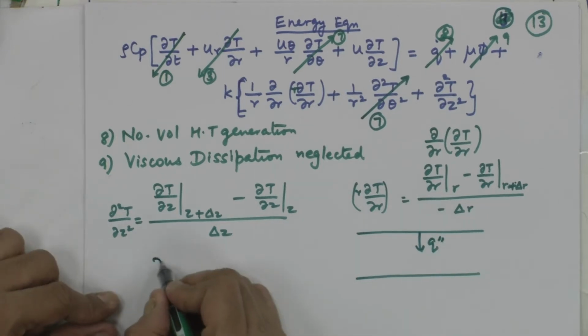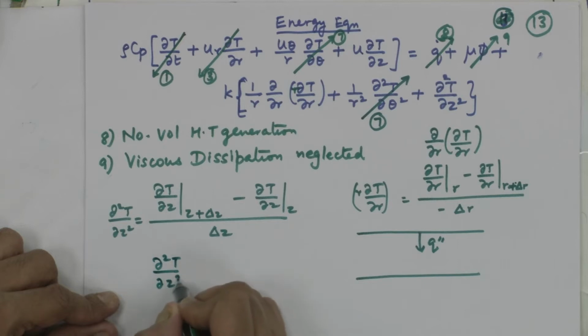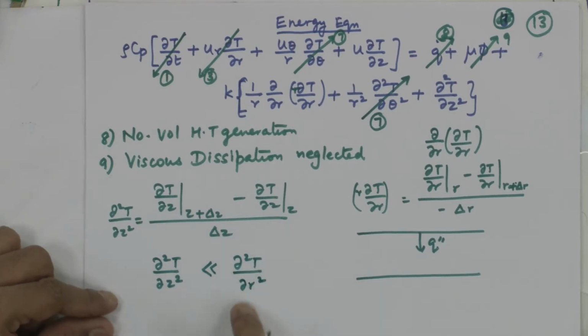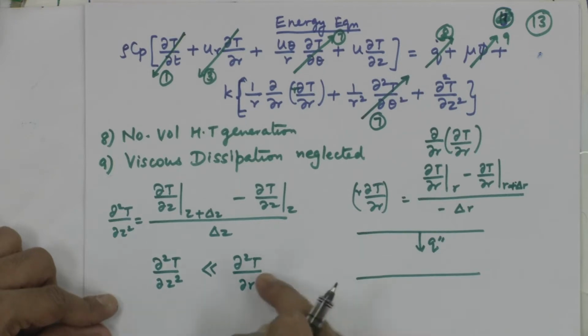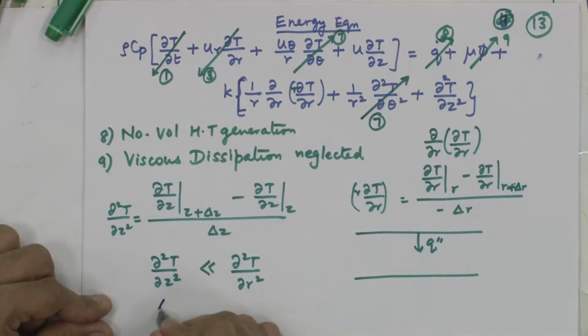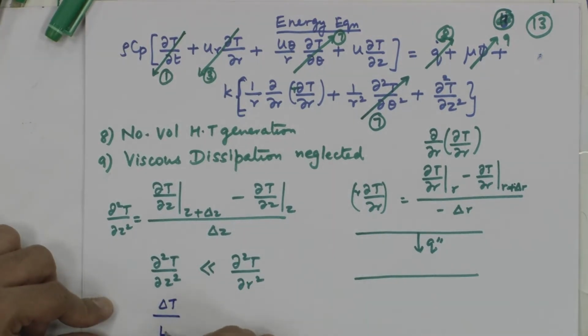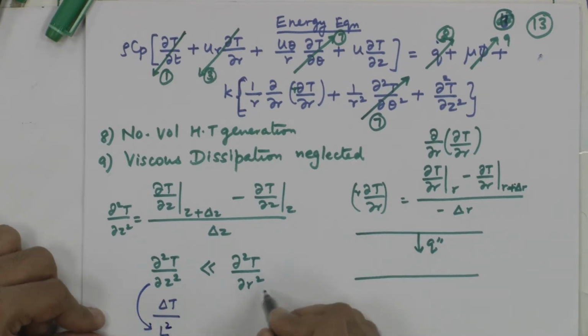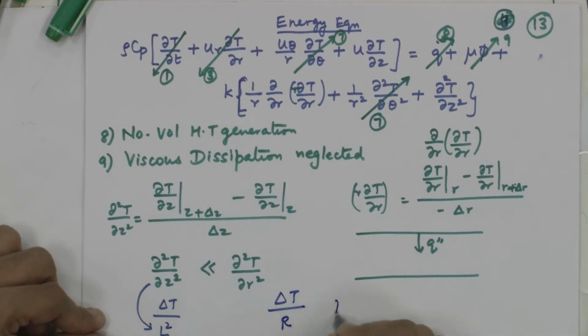In comparison with the second derivative in the z direction, if you do the order of magnitude analysis, I am simplifying it this way, though there is a d by dr of r dT by dr, the point I am trying to make is this delta T over z is of the order L, length of the pipe, L squared, whereas this is some reference delta T of the order capital R, and R is much smaller than L, therefore, R square is much smaller than L square.